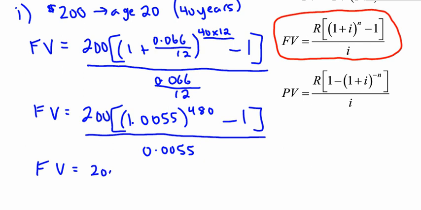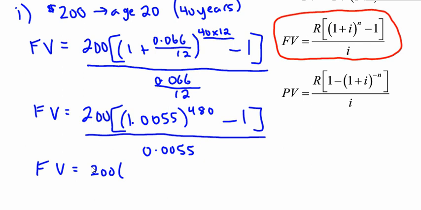So 200 times 1.0055 to the exponent 480 gives me, ooh, a huge number.